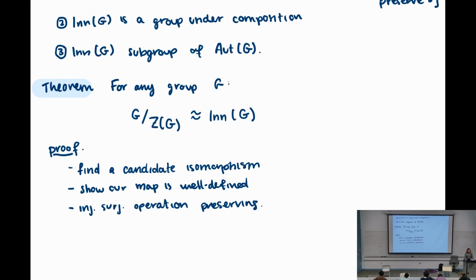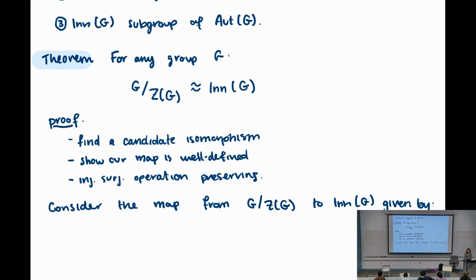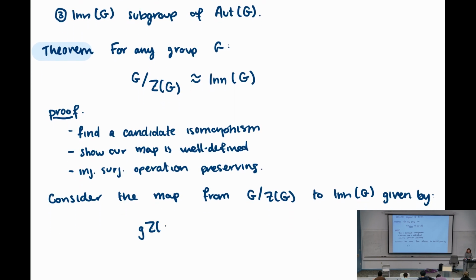Okay, so let's start off with the candidate isomorphism. Let's consider the map from G mod Z(G) to Inn(G) given by, if we have a coset gZ(G), we're going to send that to the corresponding inner automorphism phi sub g.